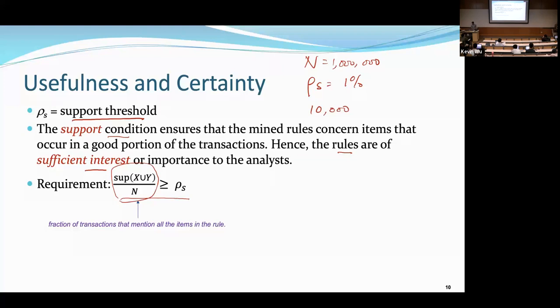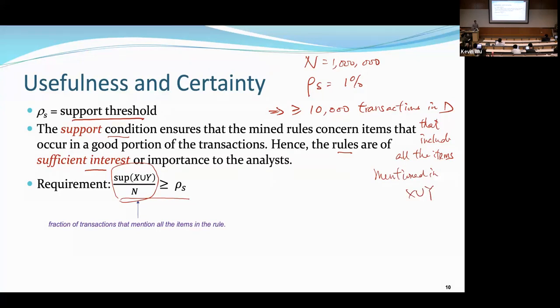So this implies that there has to be at least 10,000 transactions in the data set that include all of the items mentioned in the rule X union Y.